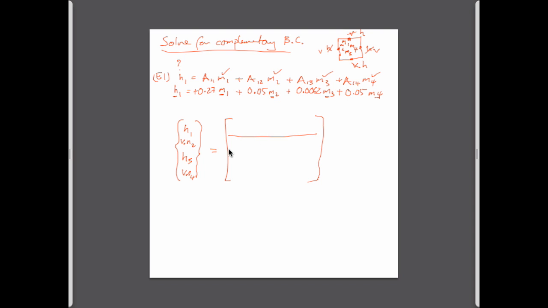For equation 1, 2, 3, 4. And the source strengths we know. So we know all of these, and we know these are things like plus 0.27, 0.05, etc. And so we're able to calculate what the complementary conditions are.